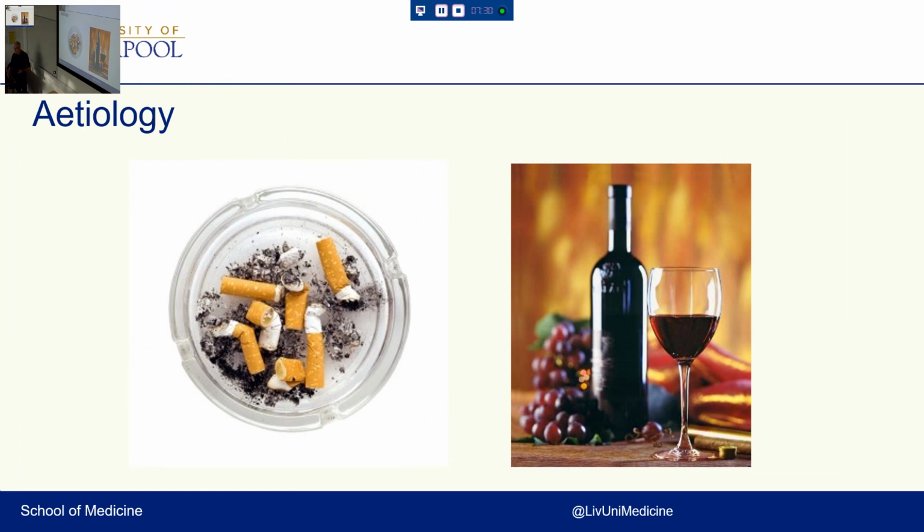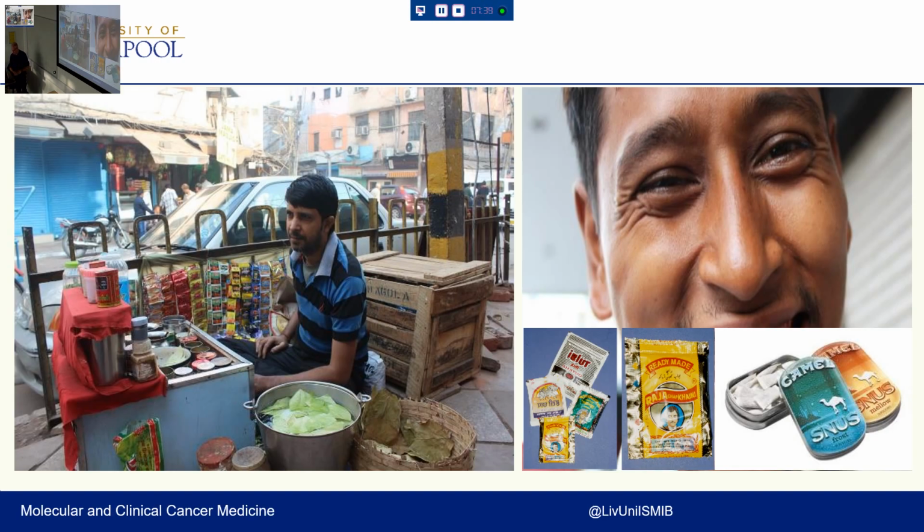And they are synergistic. That means if you smoke and drink, you will have a multiplicative effect on your risk. But that's not the case across the world. And here we see that this is actually a very common sight. This is a photograph I took myself on the streets of Delhi of a pan seller.